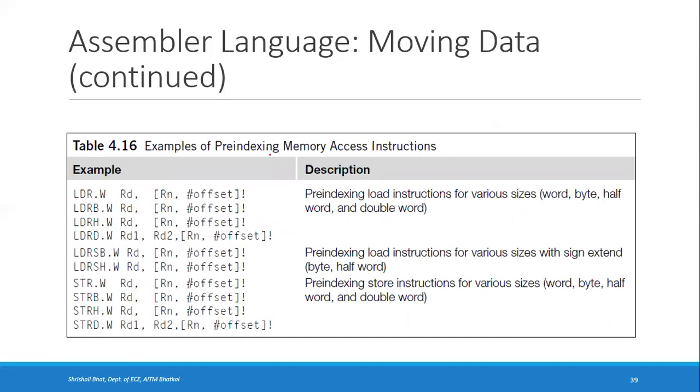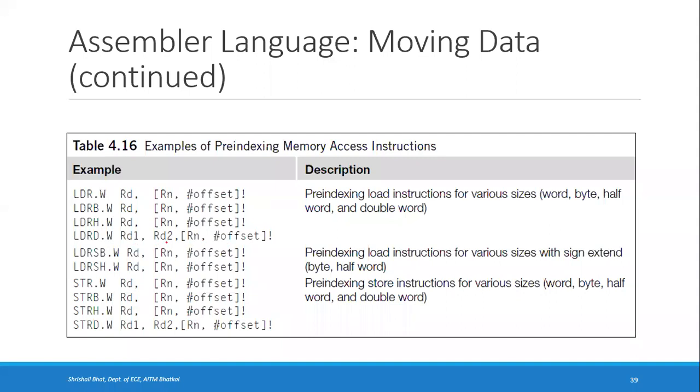It is called pre-indexing because before the memory access, the indexing, that is the calculation, is done. If you use LDRB, you are copying a byte from this address. If you use LDRH, you are copying a half word. If you use LDRD, you are copying a double word from this address into two registers, Rd1 and Rd2.